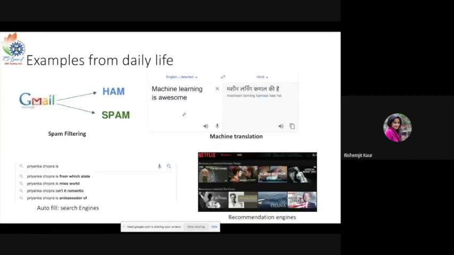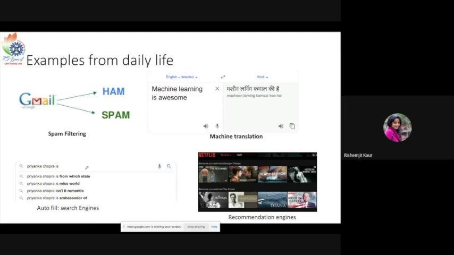Now, there are many other examples from our daily life. I have already talked about spam and ham emails. Then we use Google Translate all the time, where we translate from one language to another. These days, it has improved quite a lot. So that's another task where we see the role of machine learning.